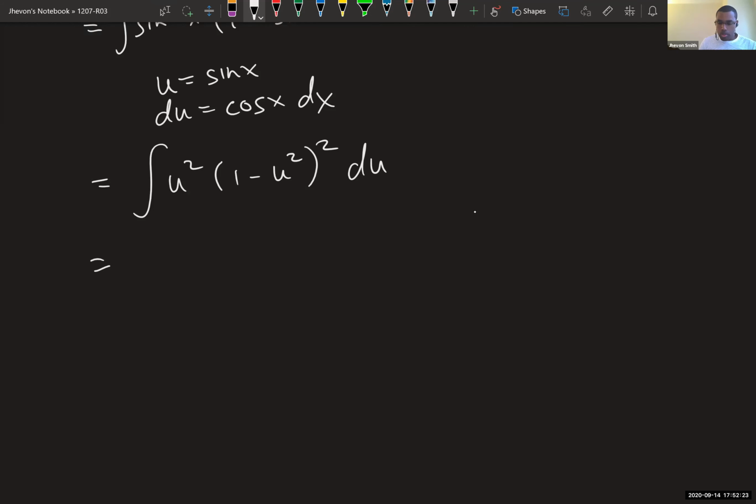So the integral of u squared is u cubed over 3. And we can integrate this by doing something like that, right? Yeah?